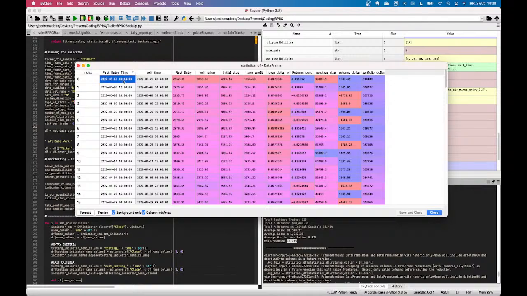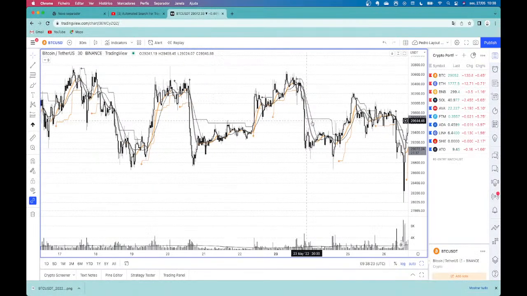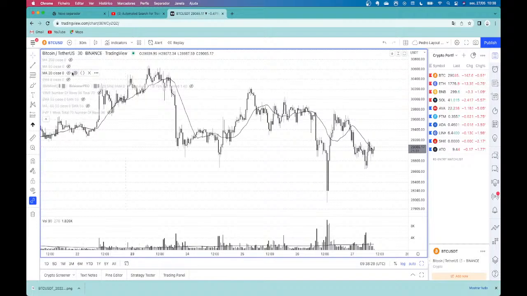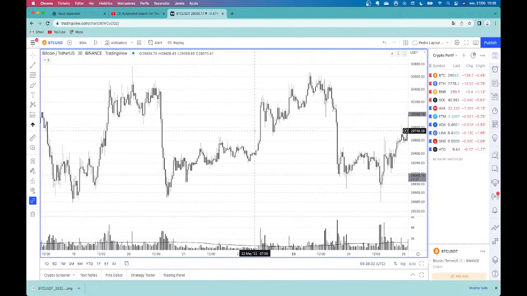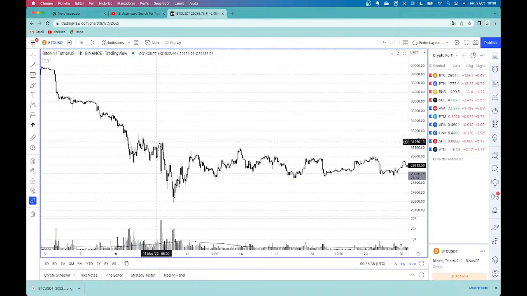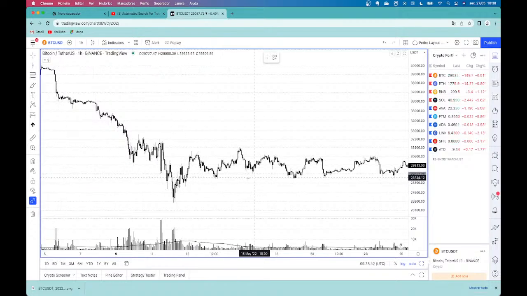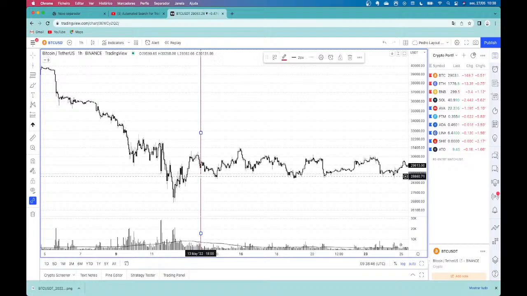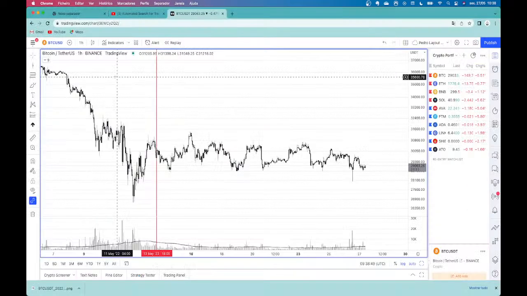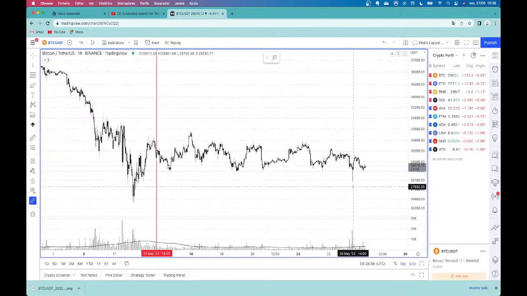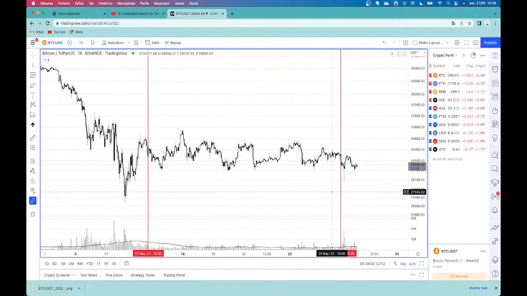The last trade was on the 13th of May. Let's take all the indicators out, so you can see better. 13th of May on the hourly time frame, at 6 p.m. We shorted here, and we left on the 26th at 8 a.m. So we got in at this price and we left at this price, the last trade.